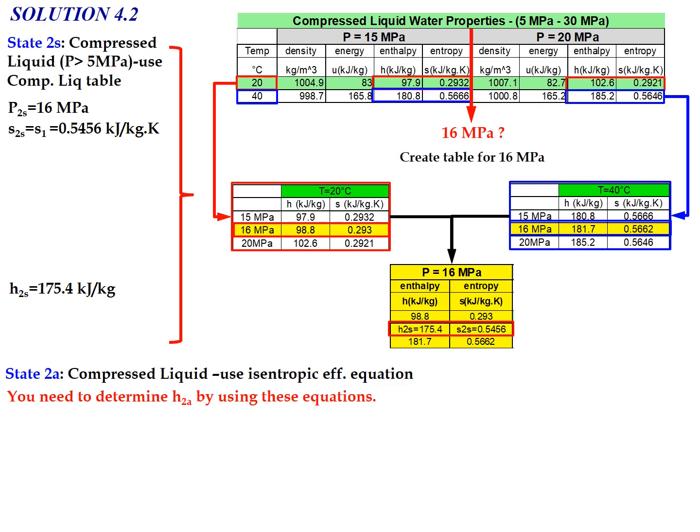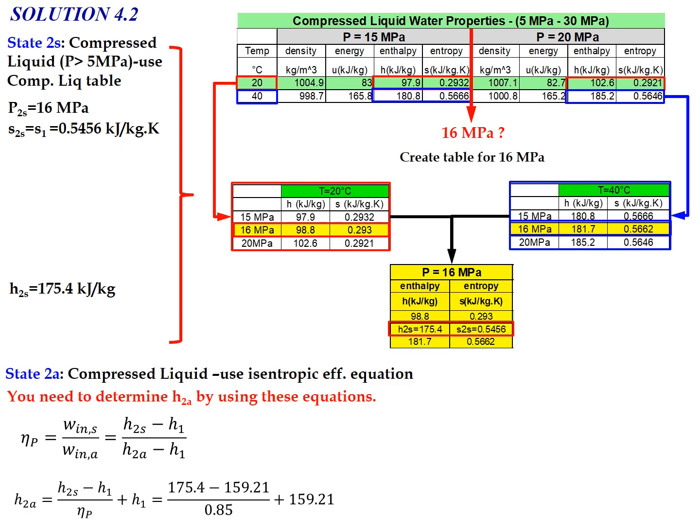So we know that isentropic efficiency for the pump equal to (H2S minus H1) divided by (H2A minus H1). The isentropic efficiency value is already given in the question, and H1 and H2S we already determined. So now rearranging the equation, we can obtain the value of H2A, where H2A equal to 178.26 kJ/kg.